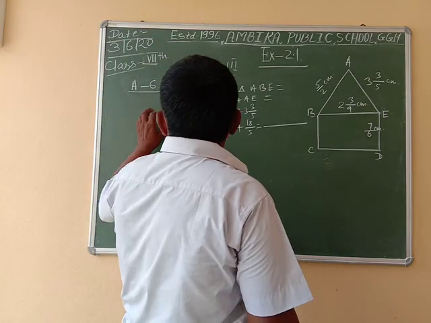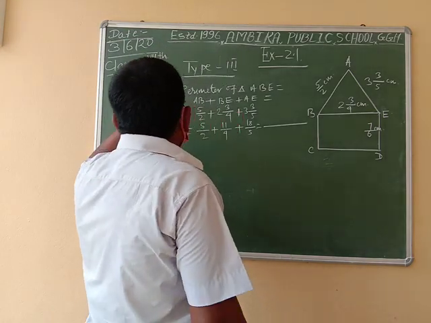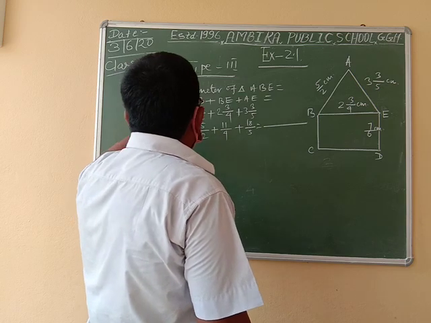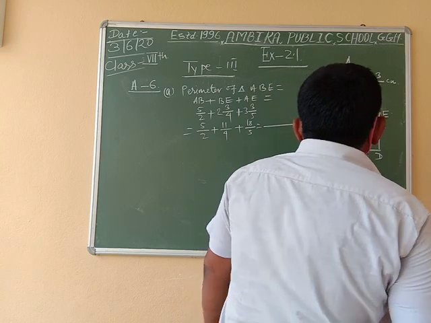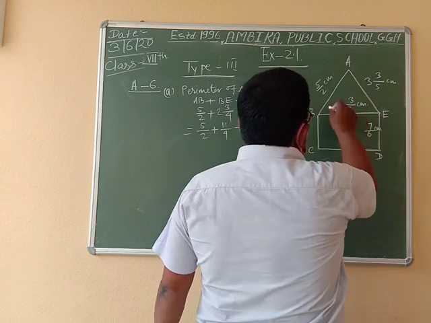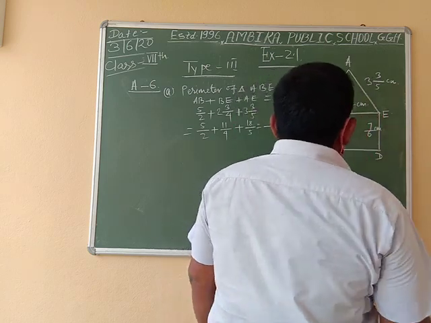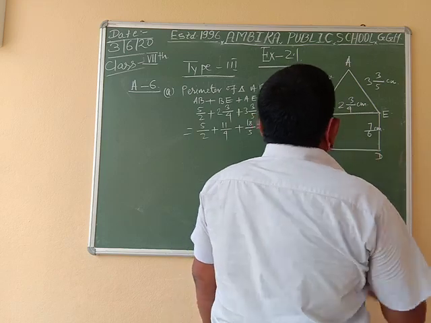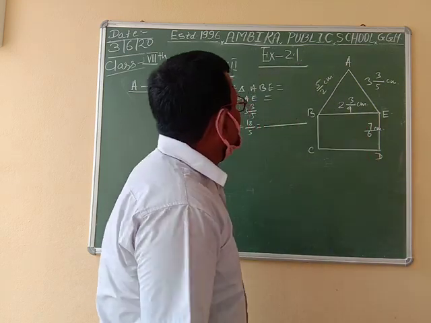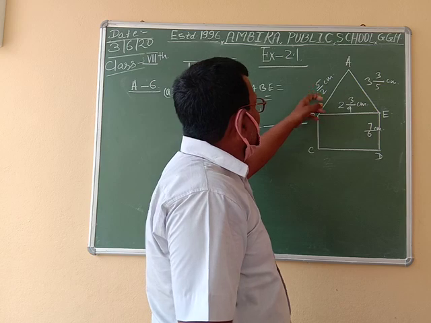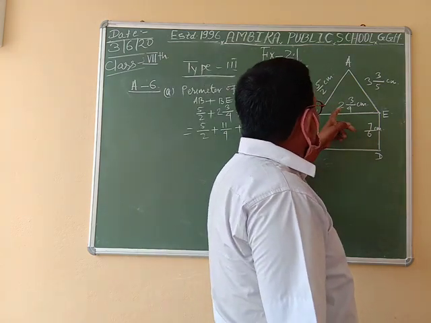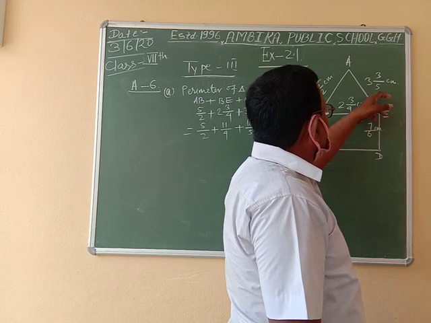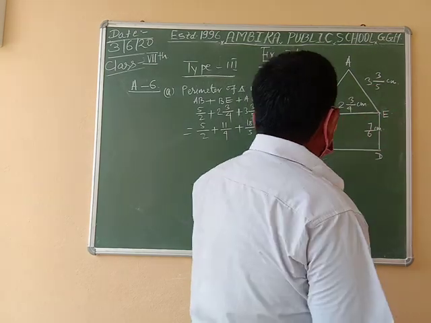Now, in question number 6 of tab 3, a triangle is attached with a rectangle, triangle ABE, and BCDE is a rectangle. Three sides of the triangle are given: one side is 5 by 2 centimeter, the second side is 2 whole 3 by 4 centimeter, and the third side is 3 whole 3 by 5 centimeter.